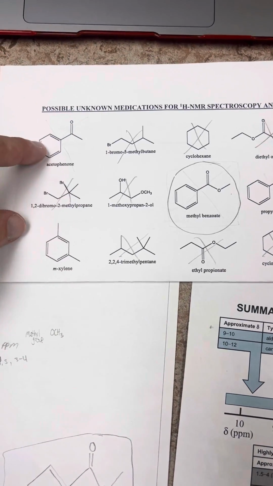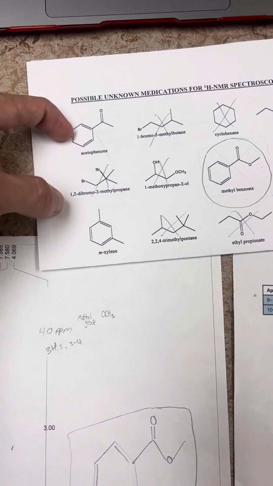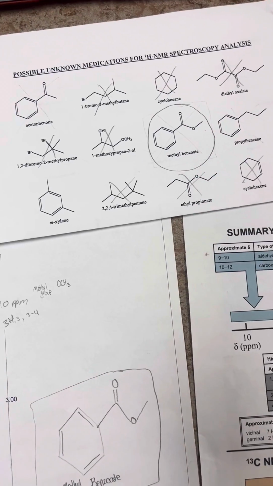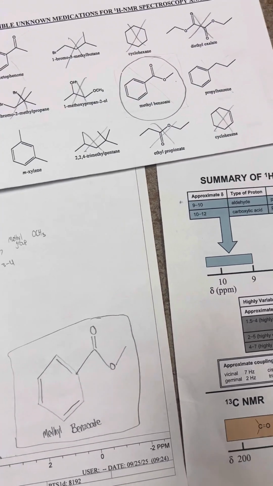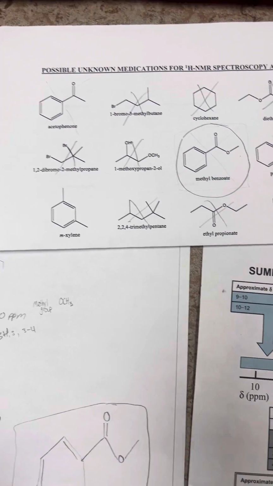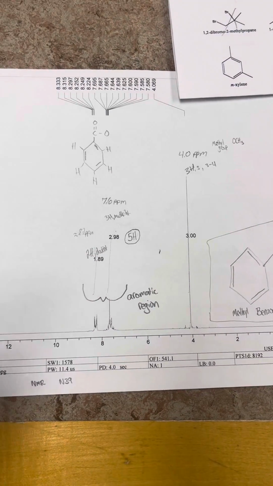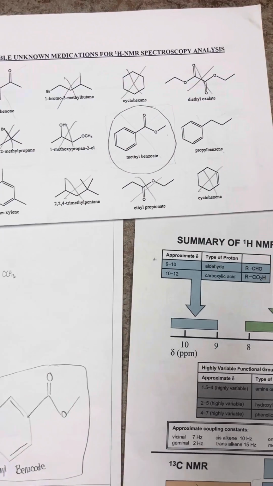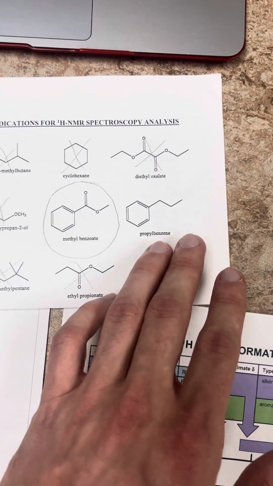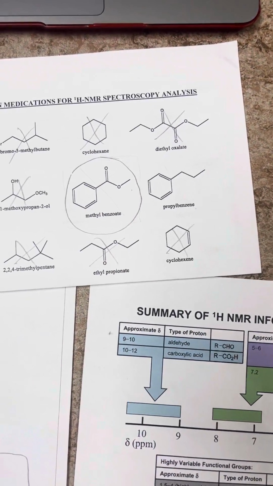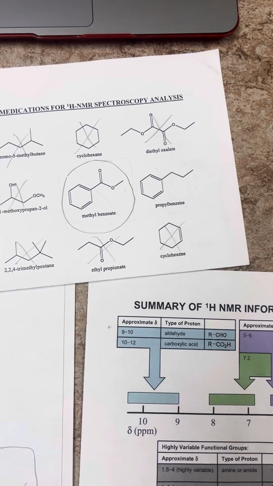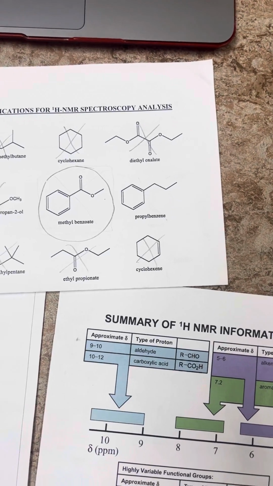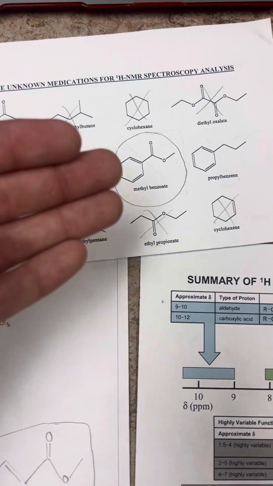While this might have a double bonded oxygen, it does not have the ester group consistent with our H-NMR. And then over here, it is not that one because it does not have a double bond oxygen or just a regular oxygen. And then we can determine that our unknown is methyl benzoate right here.